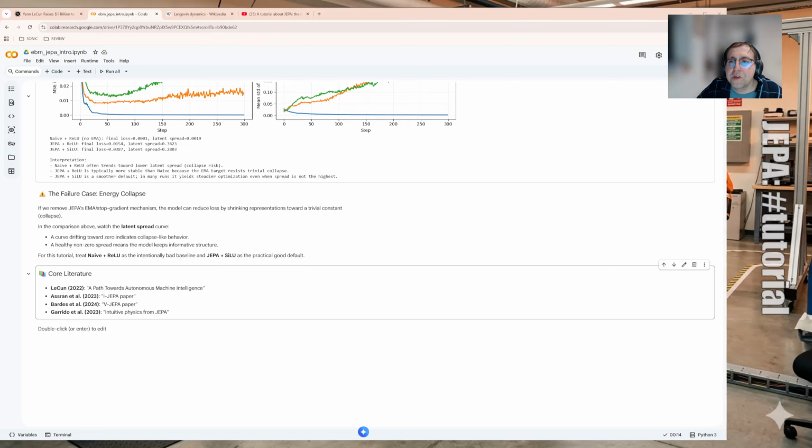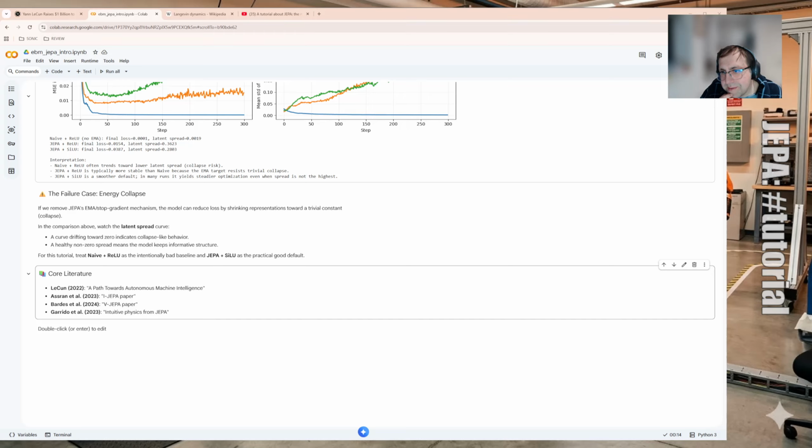And then you have the video JEPA, which is essentially the same EMA, but plus they add the masking recipe. And you can see that, because you have time, this approach scales very well to temporal data without Langevin.